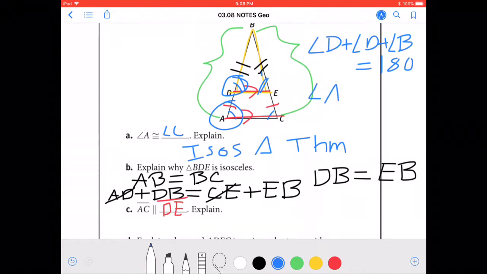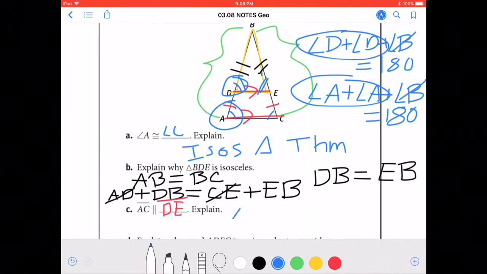And likewise on the bottom, A plus A plus B, this is now for the bigger triangle, equals 180. Now if we notice this, B's in both, so we can cancel that out, and 180 is in both, and then we also have two A's being repeated. So that shows us that the measure of angle A would be equal to the measure of angle D. When that's the case, these two angles are congruent.